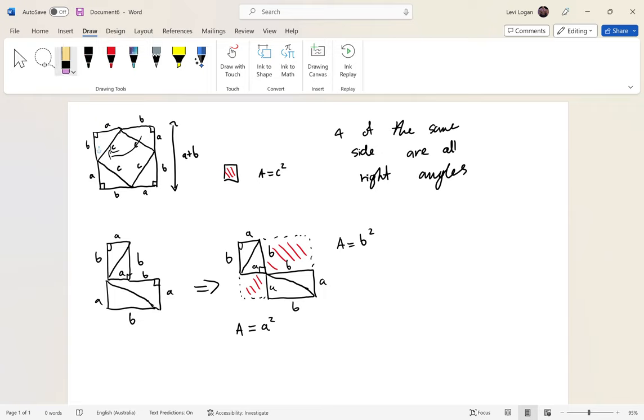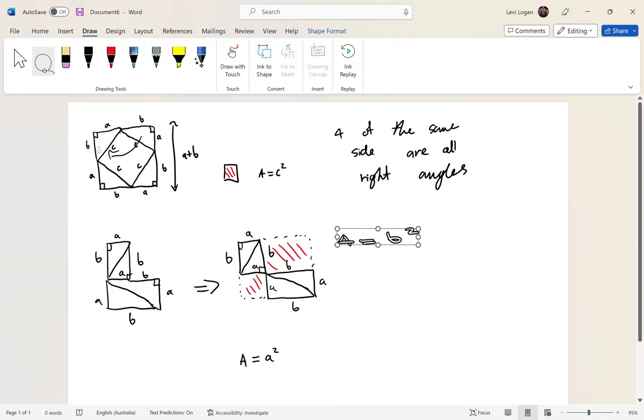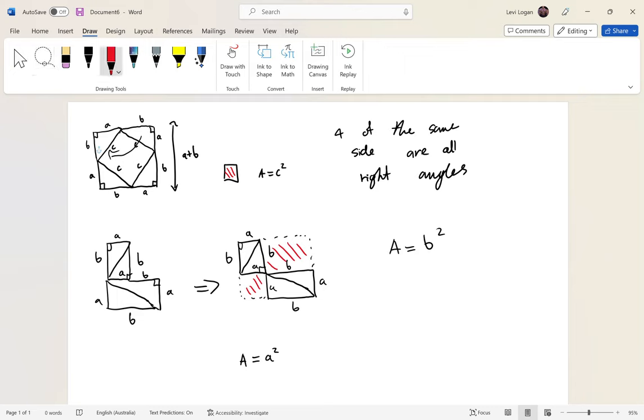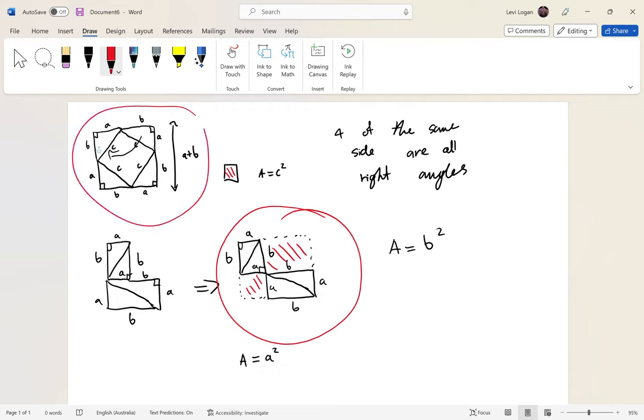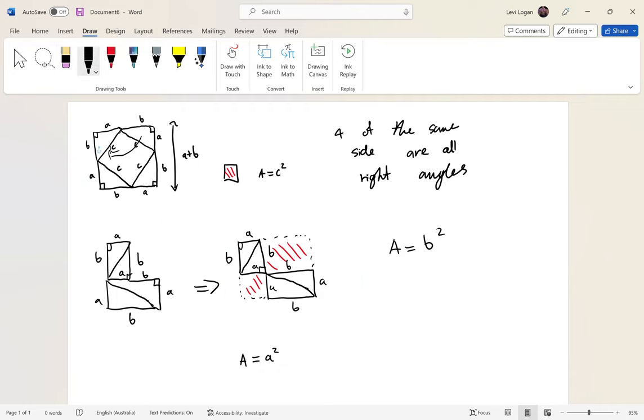Just taking a look at our square we have down here, they're still the same square as we had up the top. We still have the same square here as we did up here. Okay? Because this side here is B, that side's B, that is A, that is A. Okay?